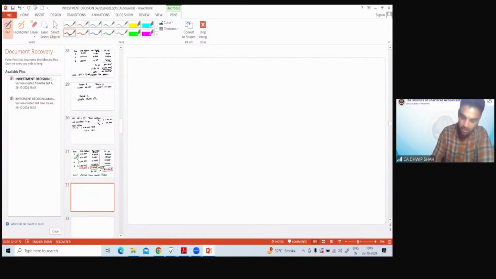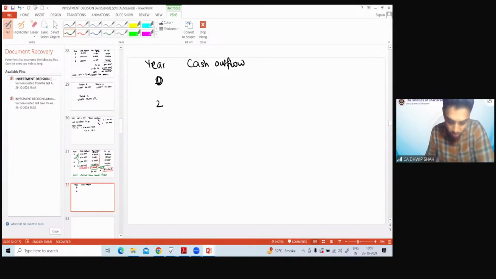Now my PVCO, calculation of PVCO. Again, the format will remain the same. Year 0 and year 2, because cash outflow is happening today and at the end of year 2. So today my cash outflow is 1 lakh.